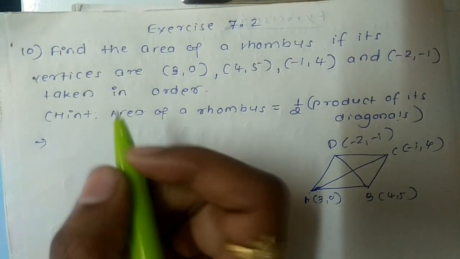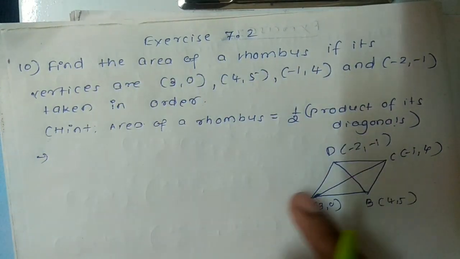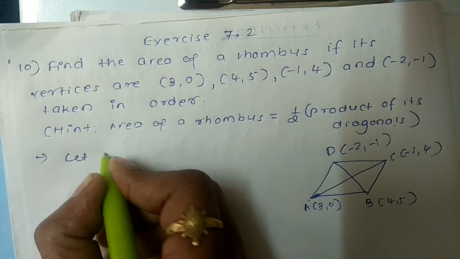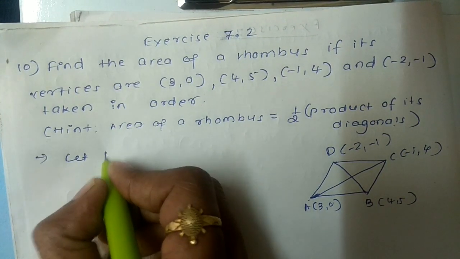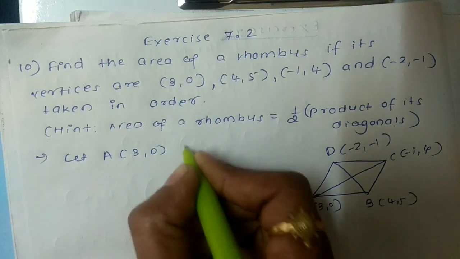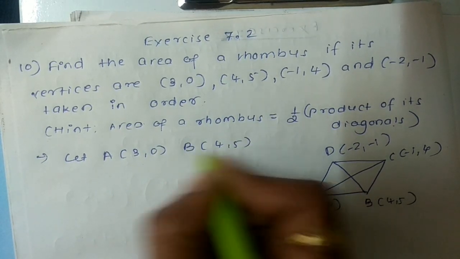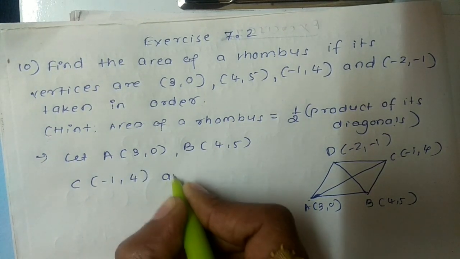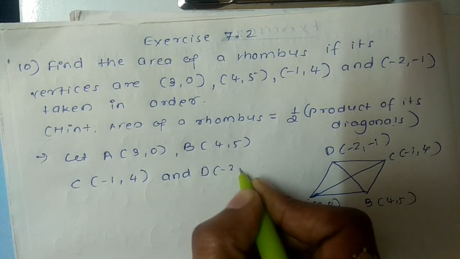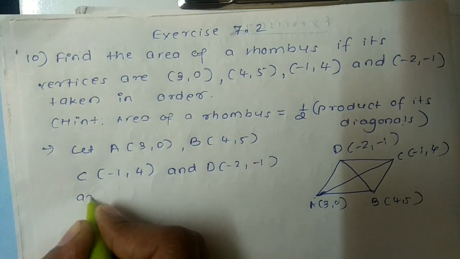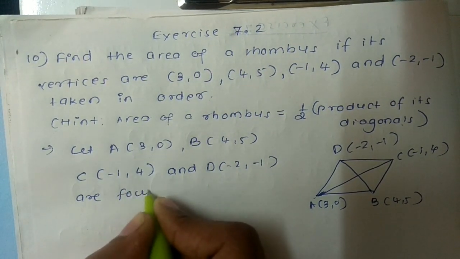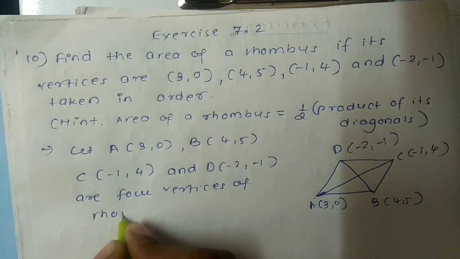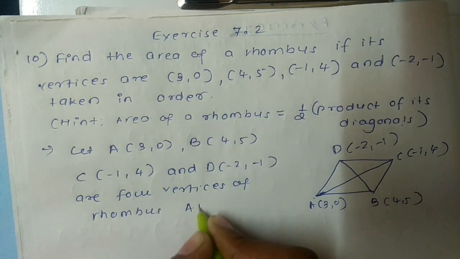Let us write here, because they have not named the rhombus, we name the rhombus ABCD. So let A (3, 0), B (4, 5), C (-1, 4), and D (-2, -1) be the four vertices of rhombus ABCD.